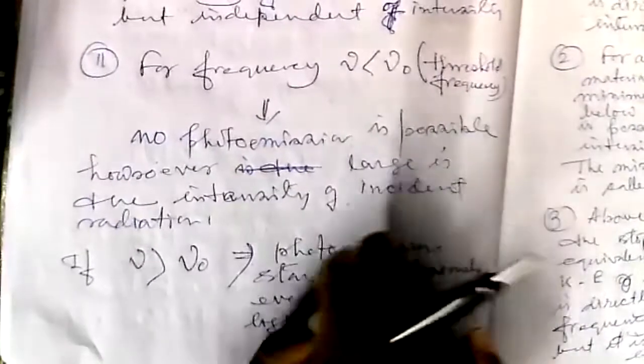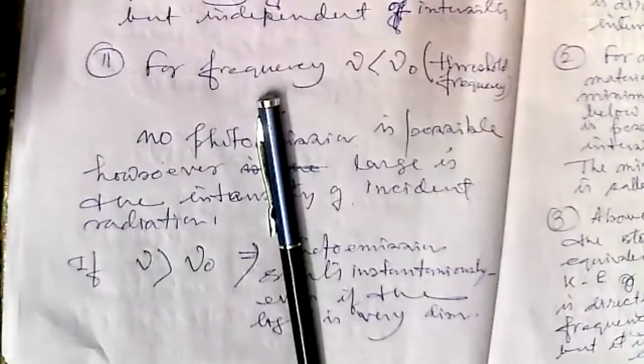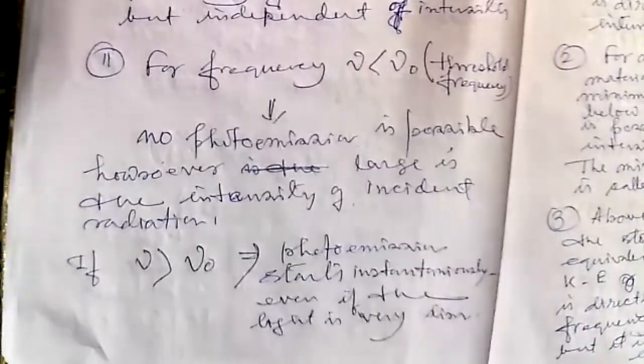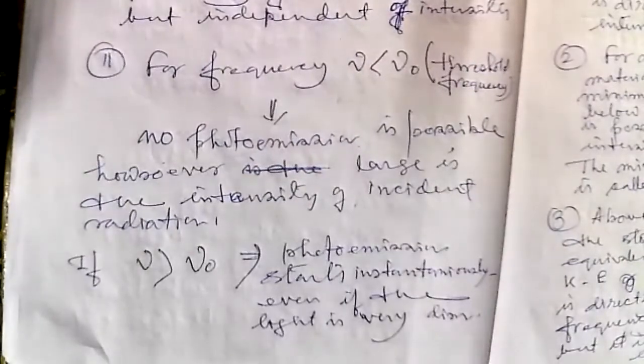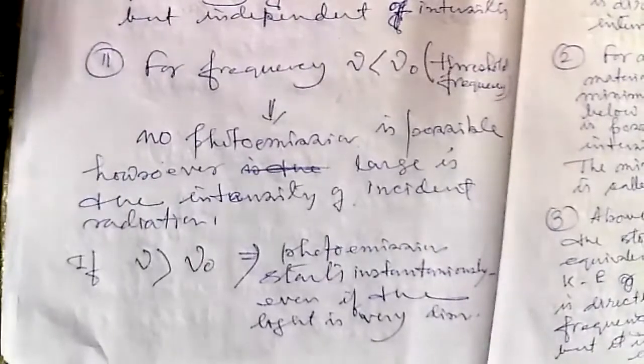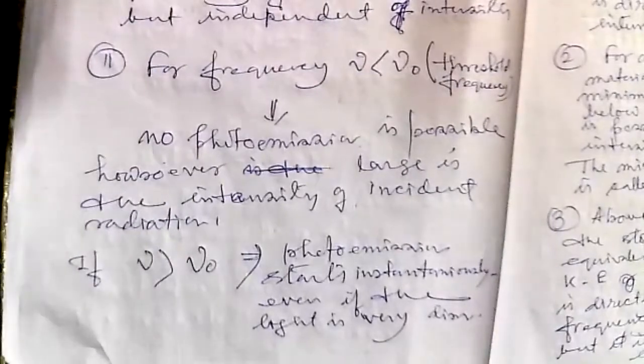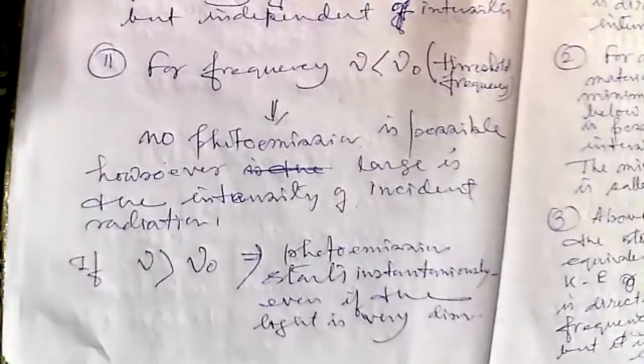So if the incident frequency is less than the minimum cutoff or threshold frequency, there will be no emission of electrons, because you need a minimum photon energy equal to h nu naught. However large the intensity may be, if the frequency is less than the cutoff frequency, no emission will be possible.